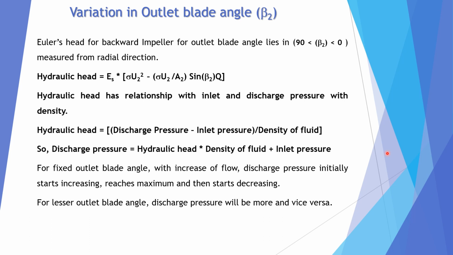In the same way, for hydraulic head, now we can discuss in terms of pressure. So Euler head can be expressed for this, and hydraulic head can be written as efficiency ES into (sigma U2 square minus sigma U2 upon A2 into sine beta 2 into Q), and it has a relationship with the density and inlet pressure, which can be written as hydraulic head is equal to discharge pressure minus inlet pressure divided by density of the fluid.